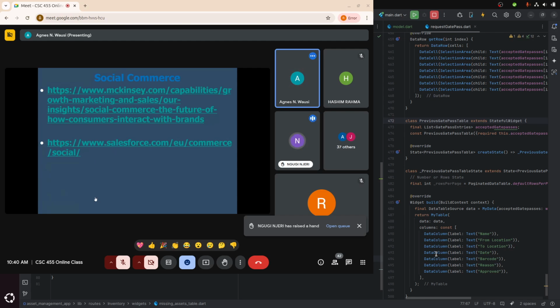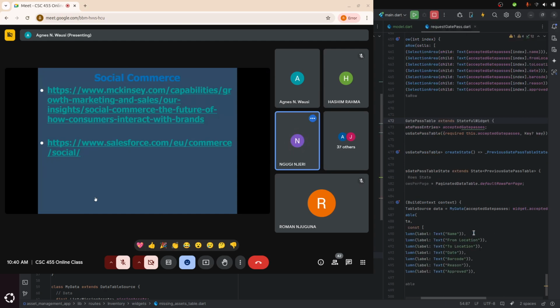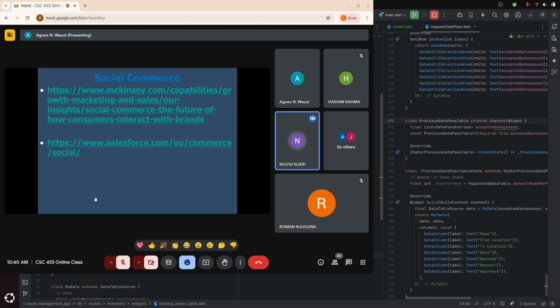Okay. What I noticed from the McKinsey article was that all the major social media platforms are now allowing users to view products. They're using a model where they get an influencer, the influencer shows themselves using the product, and it makes it more realistic for the buyers or the people who are watching.